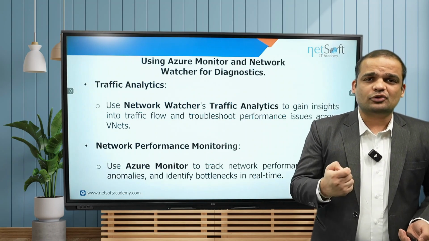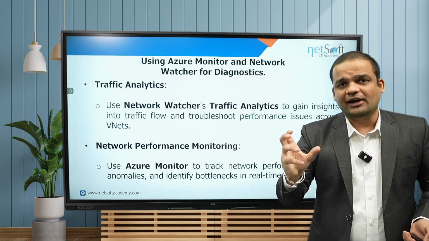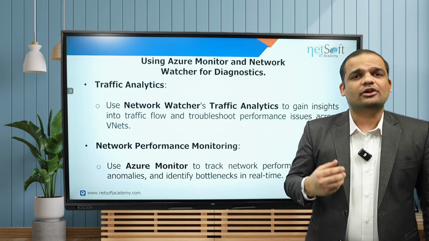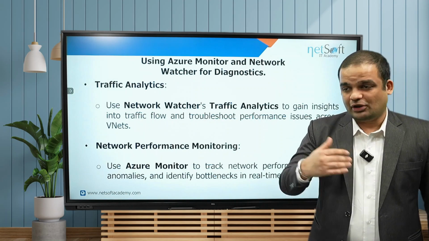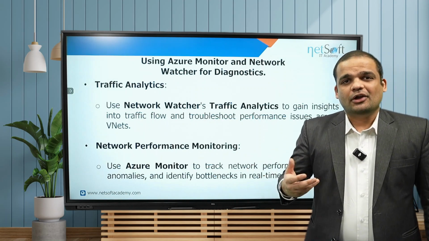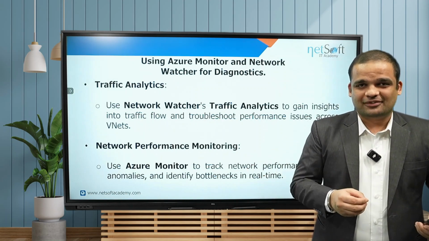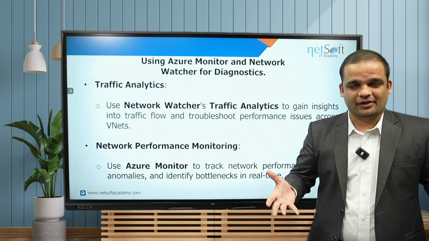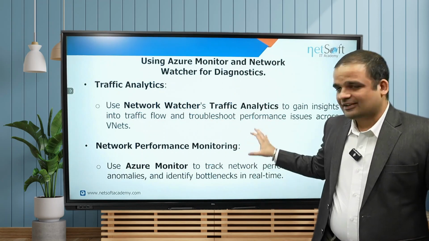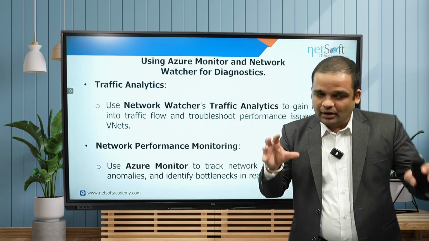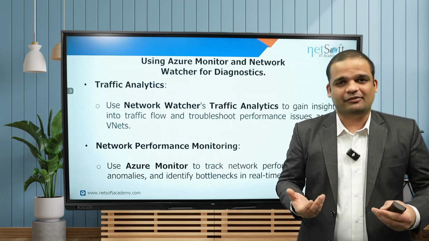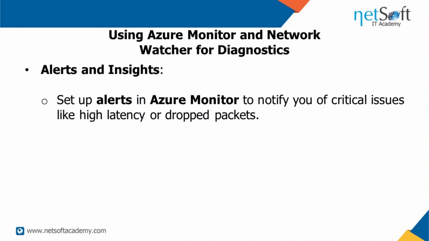This helps you find any bottlenecks or anomalies in your network quality, and you can do it quickly so that you can address issues before they affect a wide range of resources. So all this can be used to proactively keep an eye on your network health, find issues, and resolve them. That was your alerts and insight.